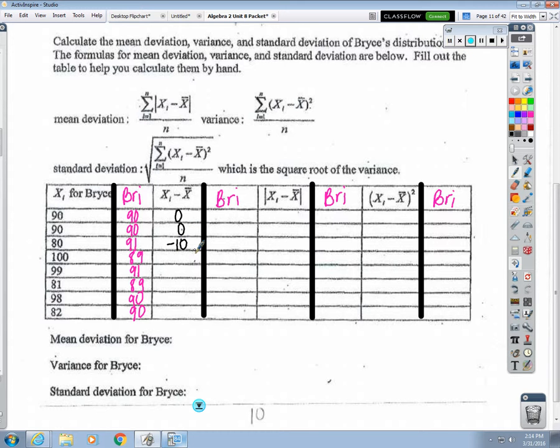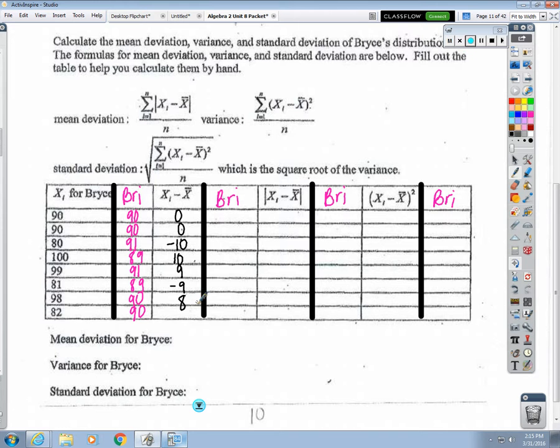Negative 10. What's 100 minus 90? Positive 10. What's 99 minus 90? 9. What's 81 minus 90? Negative 9. What's 98 minus 90? 8.